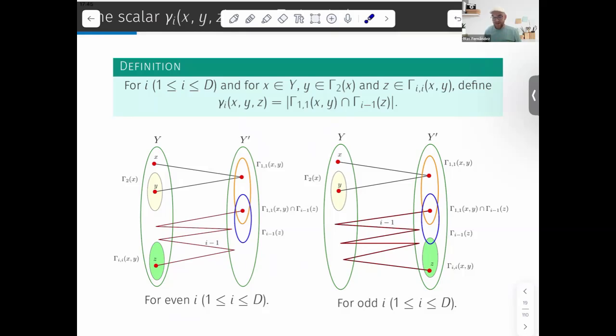And similarly for odd i. So this picture is not very helpful. We now need to process this information and introduce some bubbles or distance partition that will help us easily compute this scalar gamma i of x, y, and z.